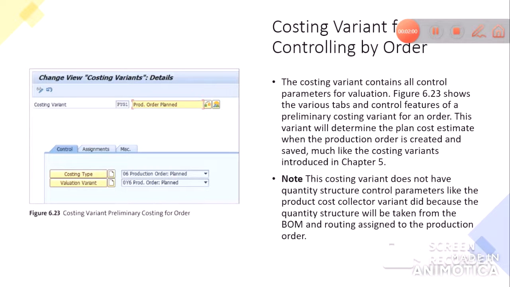Here we have a note: the costing variant does not have quantity structure control parameters like the product cost collector variant did, because the quantity structure will be taken from the BOM and routing assigned to the production order.